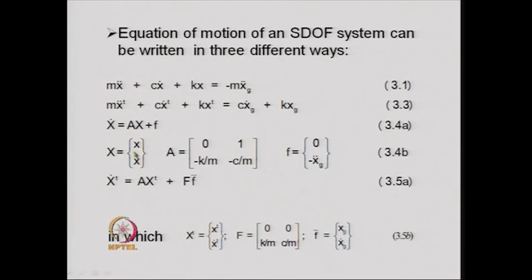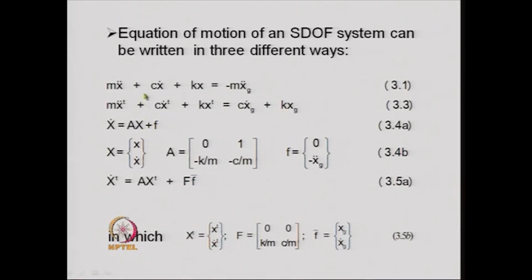If we try to write down the equation of motion in the form of this new vector, the new state variable X, then the equation takes this form: X dot is equal to AX plus F. If we look at this equation, we see that this is a first order differential equation rather than a second order differential equation.